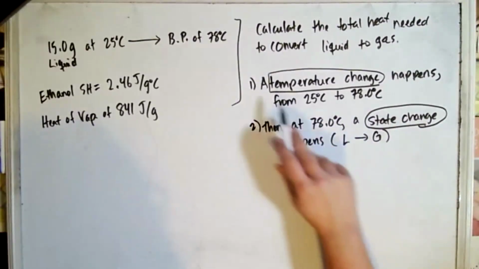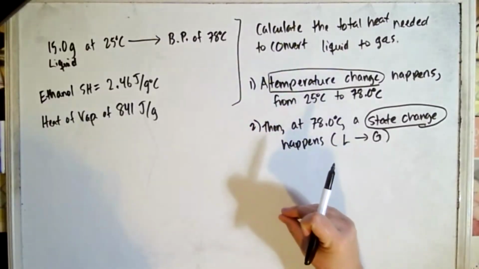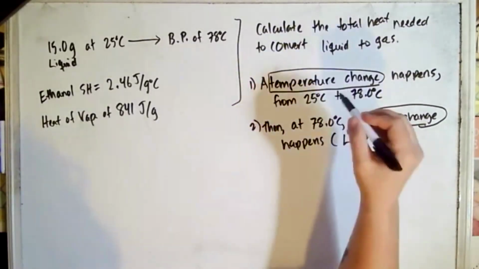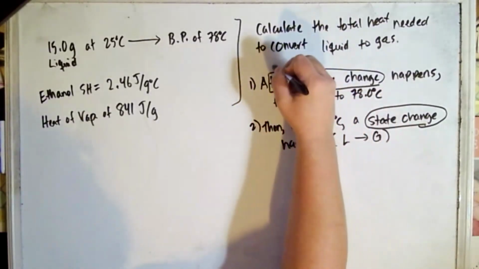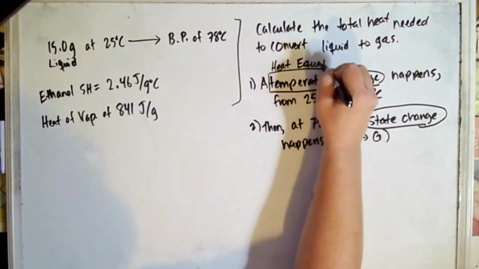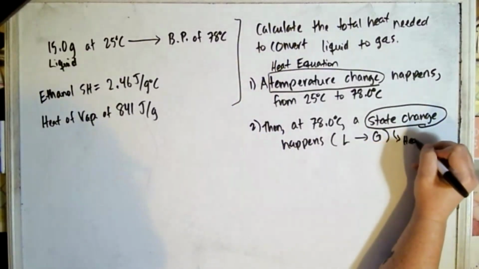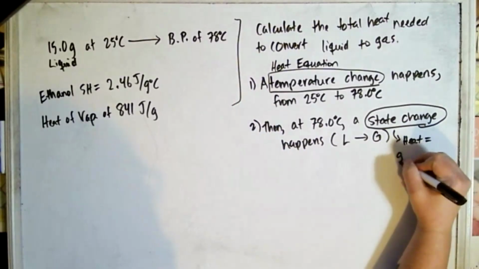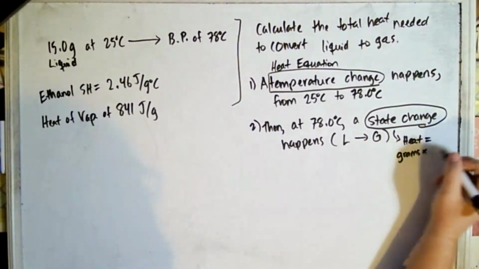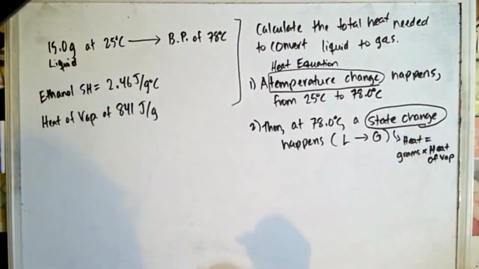So we're going to do each of these steps individually, and then add them together to figure out the total value. For our first part, we're going to use our heat equation. And for our second part, we're going to use heat equals grams times the heat of vaporization. And then we're going to add those values together.